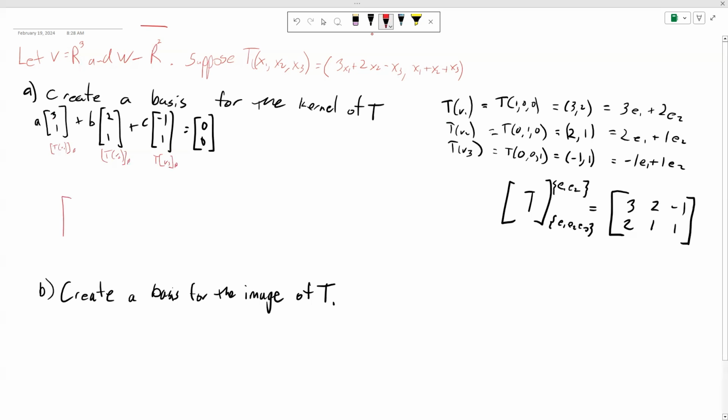And it creates the homogeneous system of equations with augmented matrix 3, 2, -1, 0; 2, 1, 1, 0. And we would like to know when this is 0, what the solution to this is. So to create a basis for our null space, we're actually solving this system of equations.